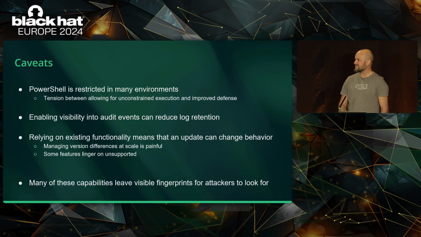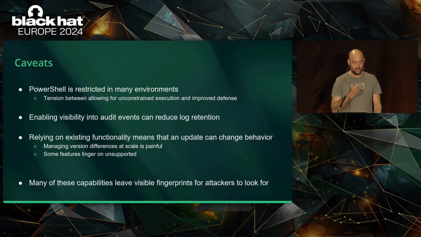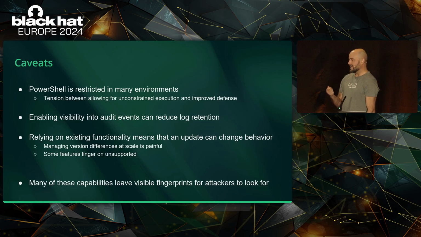And of course, there are always going to be some caveats to this kind of work. PowerShell, we rely heavily on it. If it's restricted or heavily restricted, it's not going to be as useful here. We do note that some of these audit log events that we enable can affect log retention. And the one that's, I guess, most notable here is we do rely on system behaviors that sometimes can change under your feet.